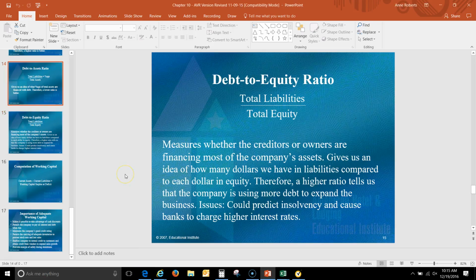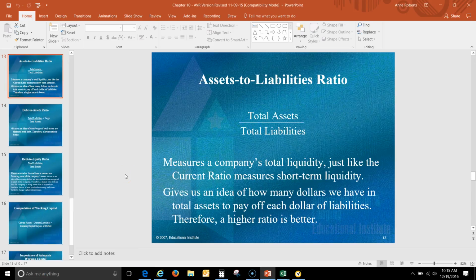In this one we're taking total assets to total liabilities, and our ratio ended up being 1.83. So we're saying for every dollar we have in liabilities, we have 1.83 in total assets.